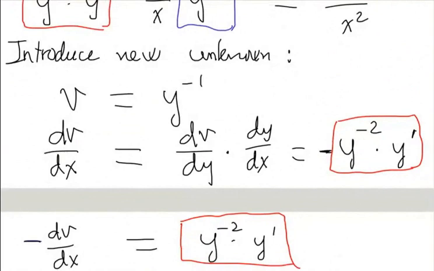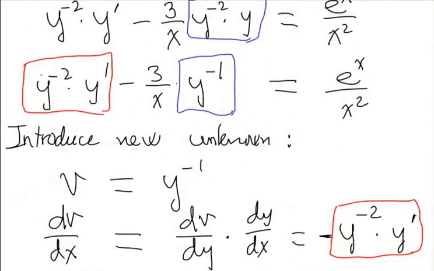Whenever we see y to the -2 y prime, we should replace it by minus dv dx. And that's exactly right here. So for this, we have minus dv dx. And then whenever we have y to the -1, we should replace it by v.